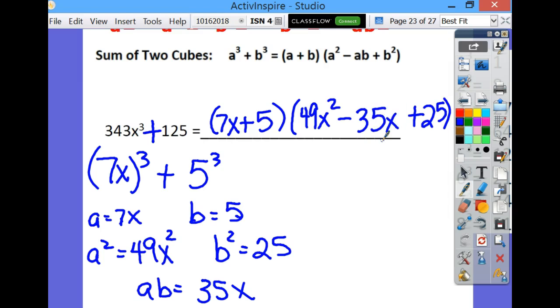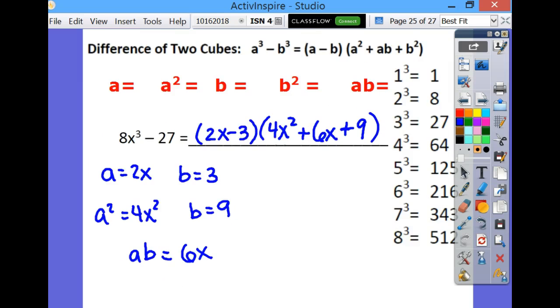Check the signs. Is it plus, minus, plus? Is that the way the signs are supposed to be? Please complete. See if you can do the last one all by yourself. Did you get it right?